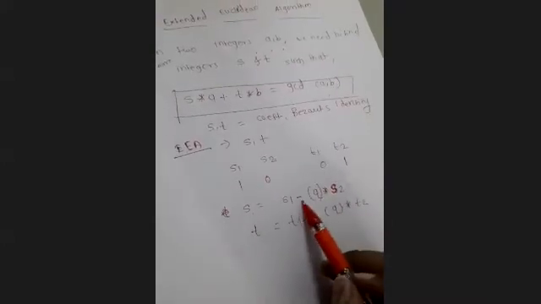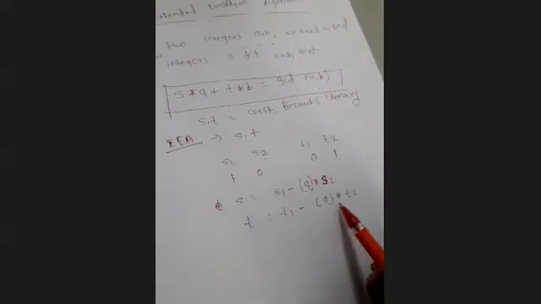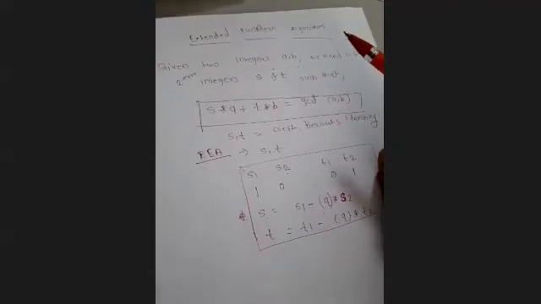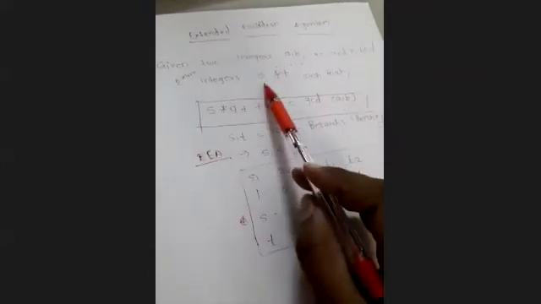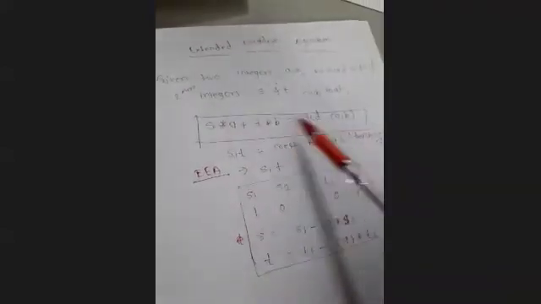S equals S1 minus Q into S2. T equals T1 minus Q into T2. These are the standard assumptions that we have to consider while solving any numerical by using the extended Euclidean algorithm. And the values of S and T, whatever we get, should satisfy this condition: S into A plus T into B equals GCD of A and B.